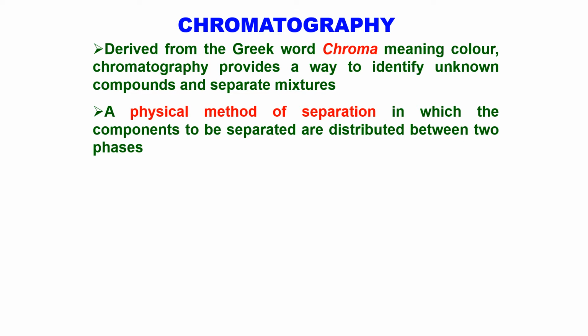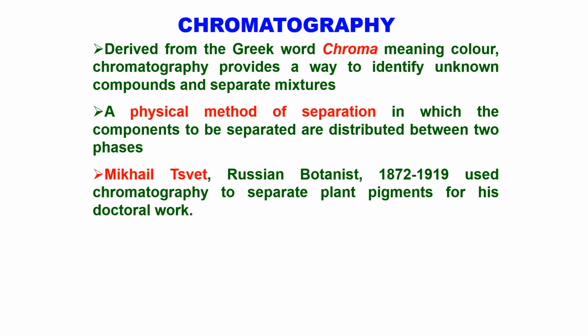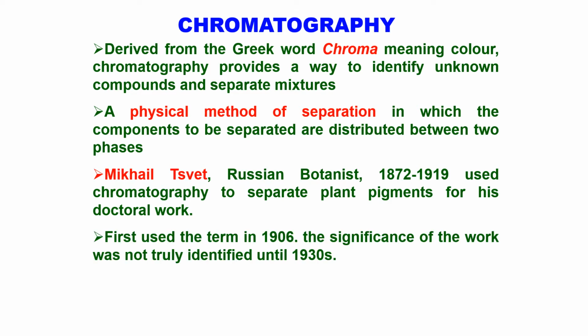the stationary phase. It was first documented by a botanist, Michael Sweat, who employed chromatography on plant pigments during his doctoral work. The term chromatography was coined in 1906, and it was not until the 1930s that chromatography gained popularity and significance in scientific work.